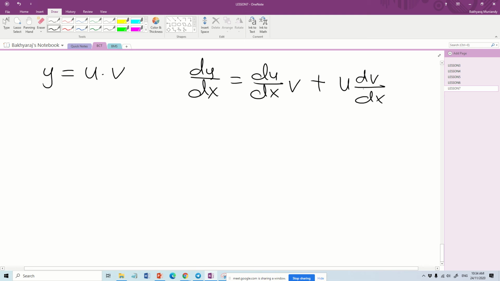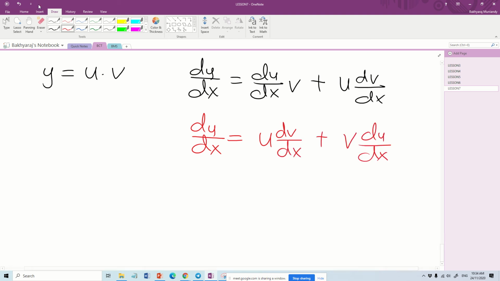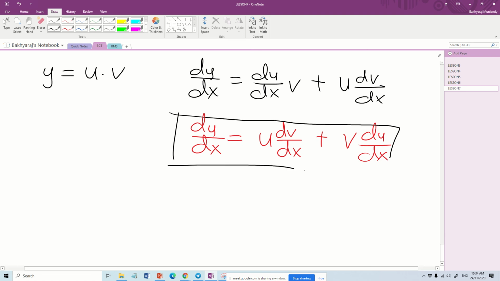Okay, so ini ialah formula yang saya bagi dah. But dalam exam, formula exam dia akan begini, dy/dx adalah sama dengan u dv/dx tambah v du/dx. Okay, ini ialah formula you akan nampak dalam final exam.